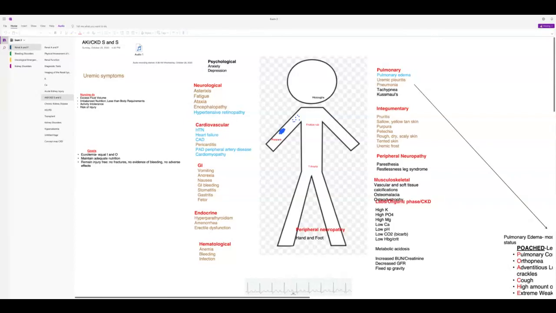All right, so uremia refers to high nitrogenous waste products in the blood, and it's neurotoxic. So you're going to see a lot of the same signs and symptoms that you see in liver disease.